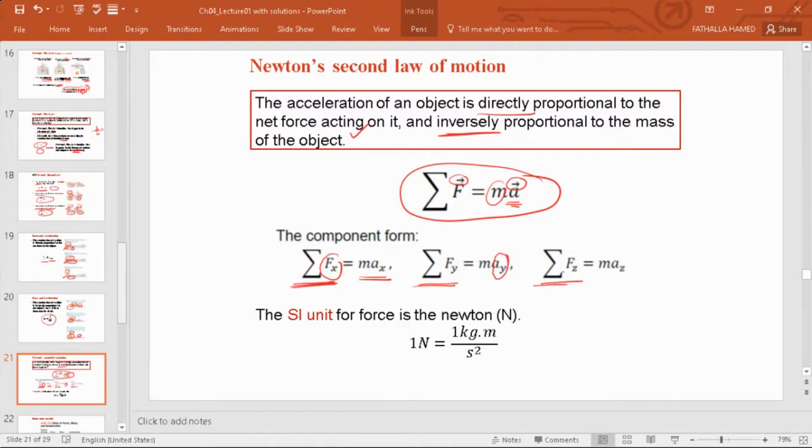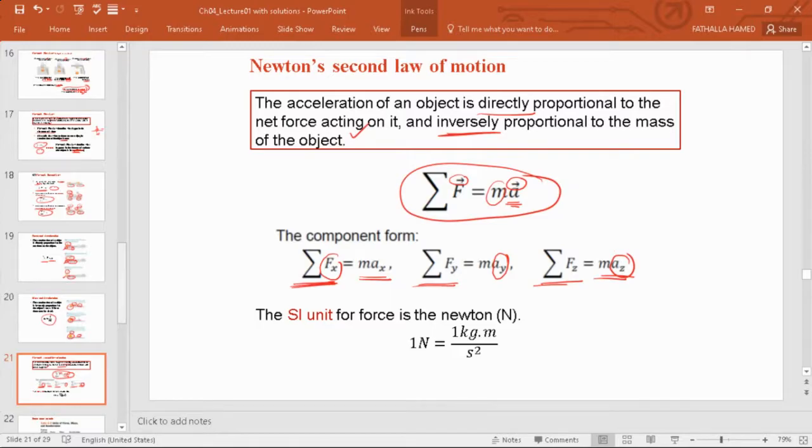Similarly for the z, the z component of the net force, which is the sum of all the z components, will give you maz, where az is the z component of the acceleration in the z direction.